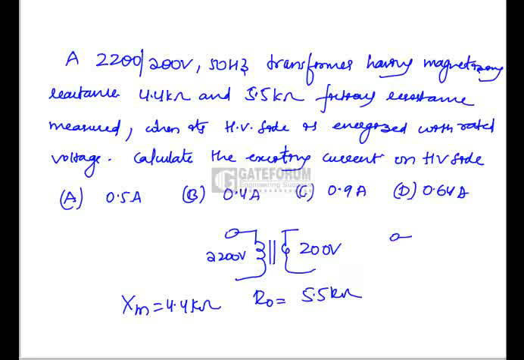Now when you recall the equivalent circuit for the transformer, this is R0, the fictitious resistance, and this is the magnetizing reactance Xm. Now this is negligible. This is the rated voltage, 2200 volts on the primary.